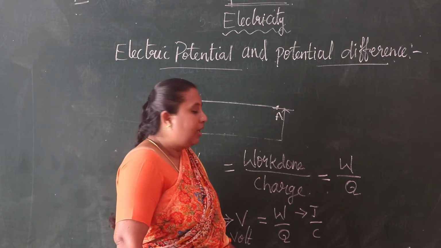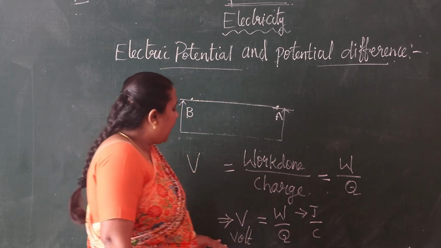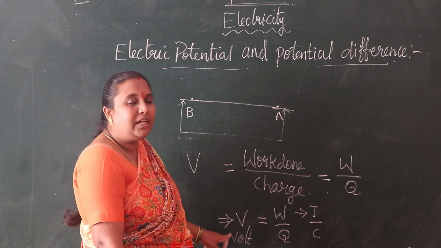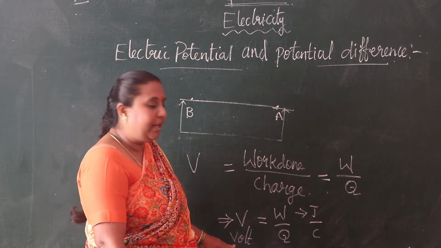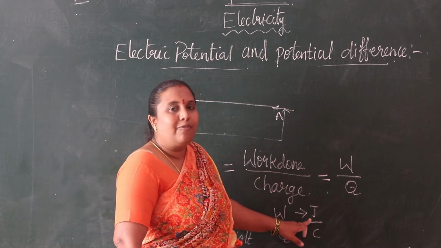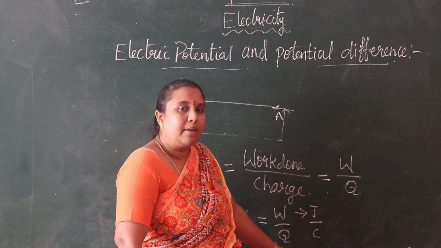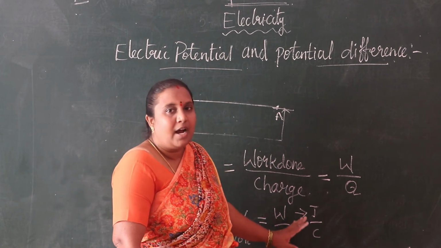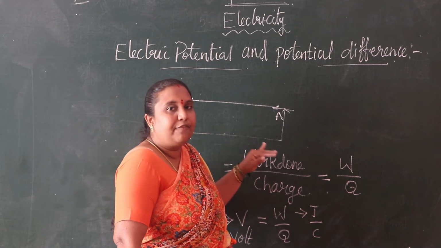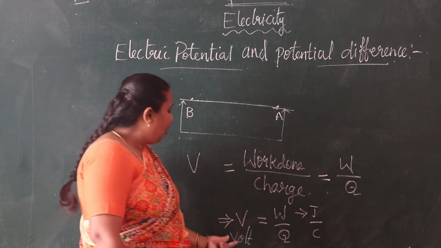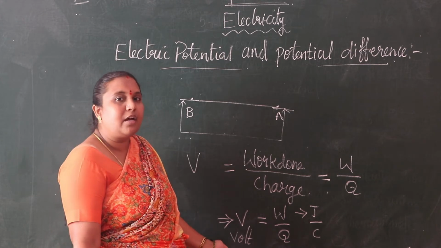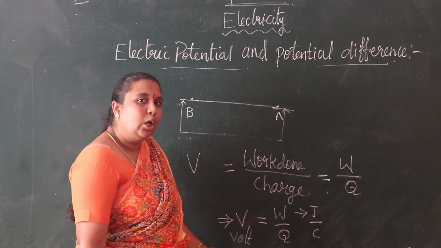Understood children? Here is how to calculate the potential difference between 2 points A and B: 1 joule of work done by 1 coulomb of charge. So the SI unit of potential difference is volt.